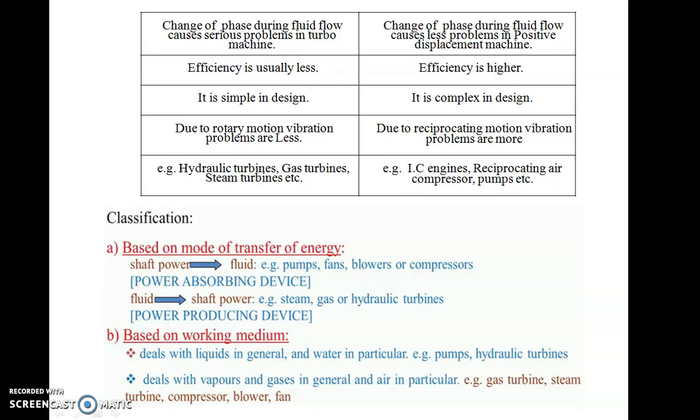But in turbo machines, if you change the phase, you have to change the design of the complete turbo machine for handling gaseous fluids. In a reciprocating air compressor there is not much change in the design. It remains the same, because the tremendous difference between the volume of gas and liquid does not have much effect, or is no problem, in a positive displacement machine.